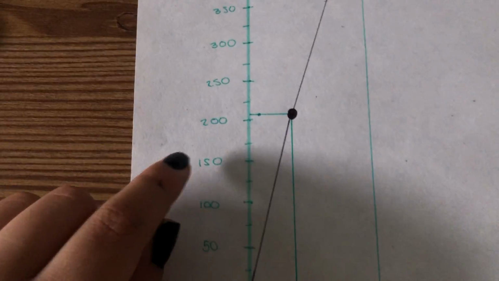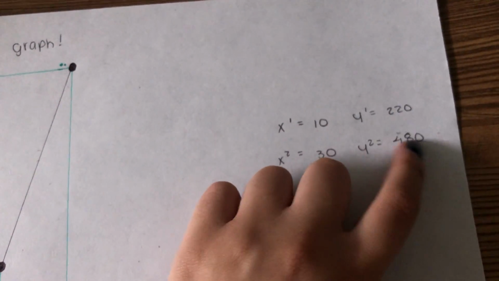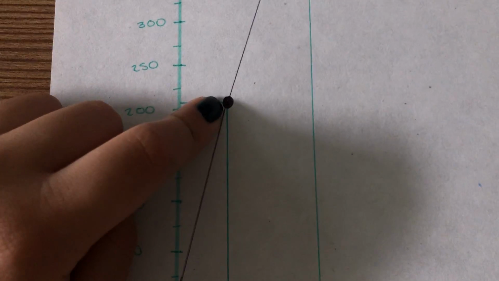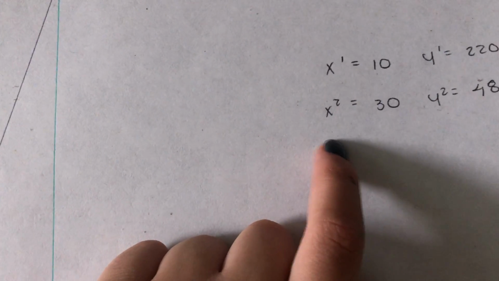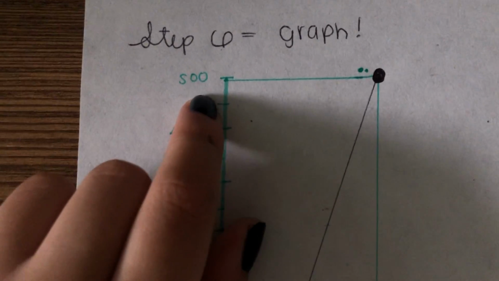Then it is located on 220, our y1. Here we plot the point, mark it. Next point, it's located on x 30, making reference to x2, and on y 480, which is y2.